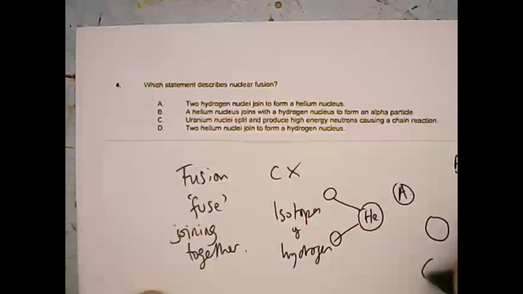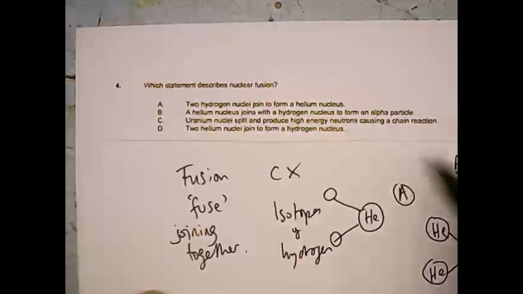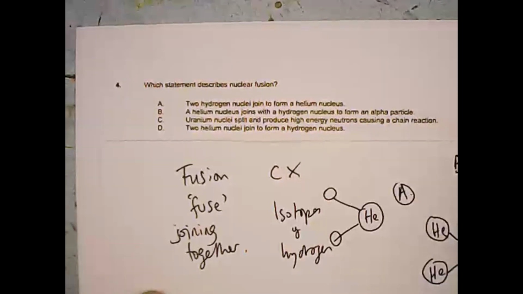Well, helium nuclei are bigger than hydrogen. It doesn't really make sense that you can have 2 large nuclei joining to make one small one. So D doesn't make any sense either. So A all day long.